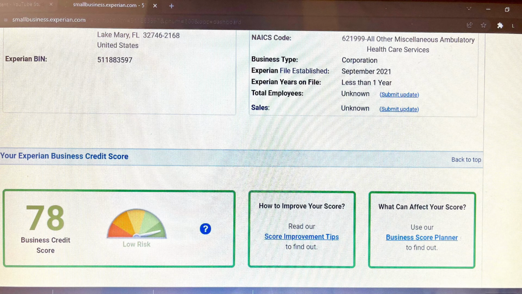On top, you will see that my NAICS code for this specific company is 621999, which is all other miscellaneous ambulatory healthcare services.